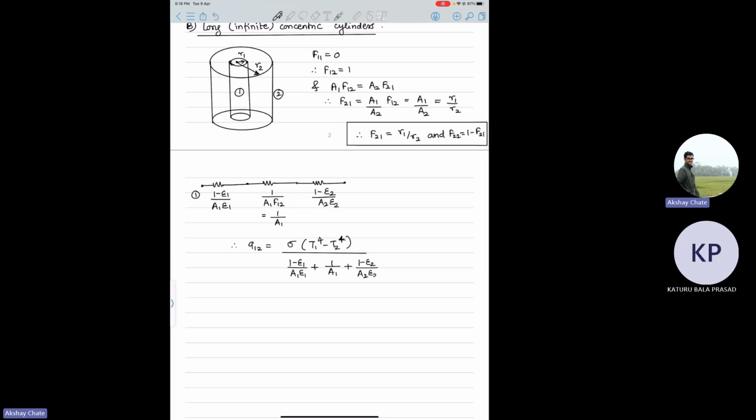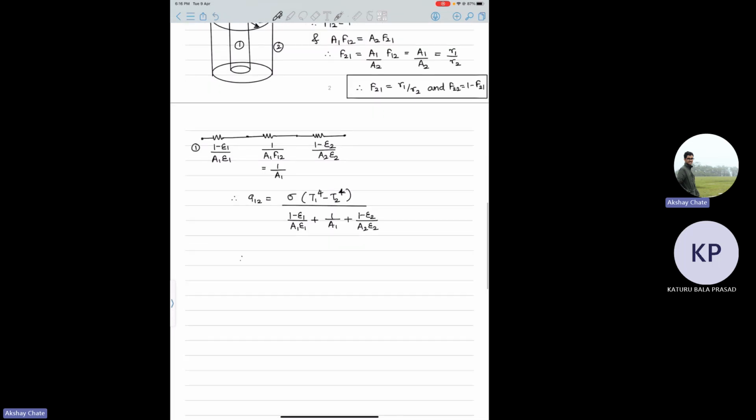Now, to further simplify, you just take 1 by A1 common from the denominator, and it goes to the numerator. Other terms remain the same in the numerator. What you end up with in the denominator is (1 minus epsilon 1) by epsilon 1 plus 1 plus A1 by A2 into (1 minus epsilon 2) by epsilon 2.